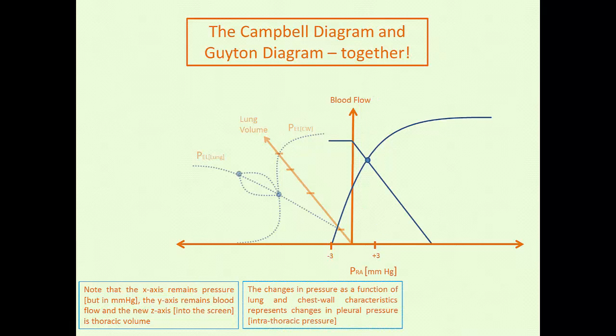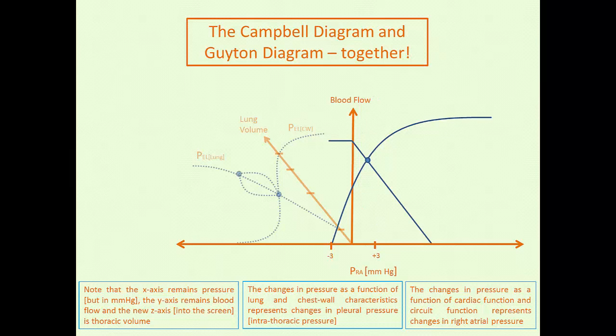So the x-axis remains pressure, but I've changed its units for consistency to millimeters of mercury, because we're always measuring that darn CVP, and you've got to understand where it comes from. And the new z-axis into the screen is thoracic volume via the Campbell diagram, and changes in pressure as a function of, as I mentioned, lung and chest wall characteristics represent the changes in the pleural pressure or the intrathoracic pressure.